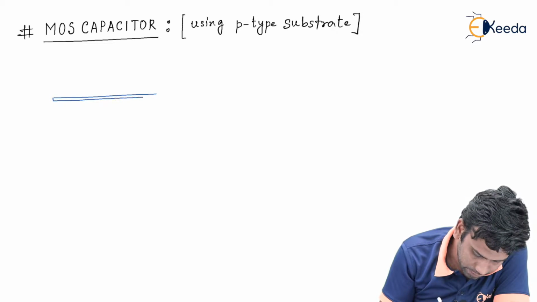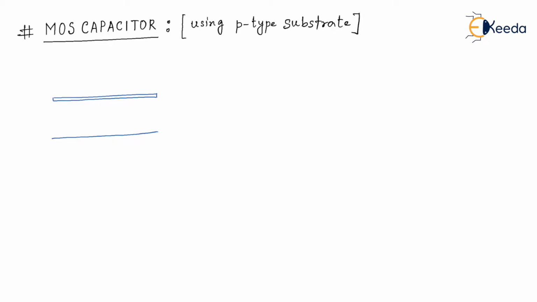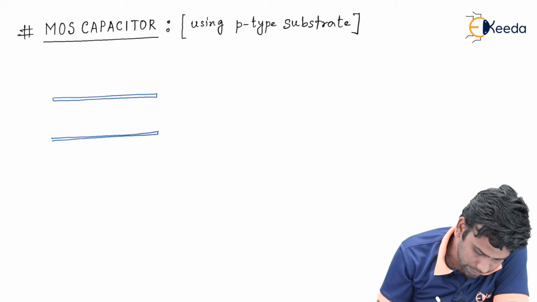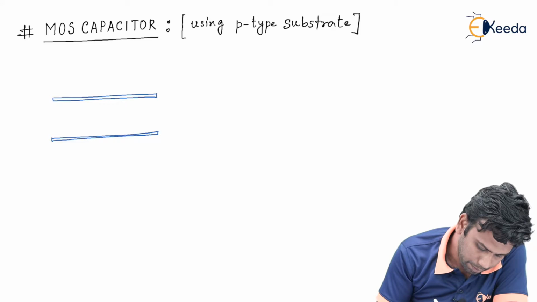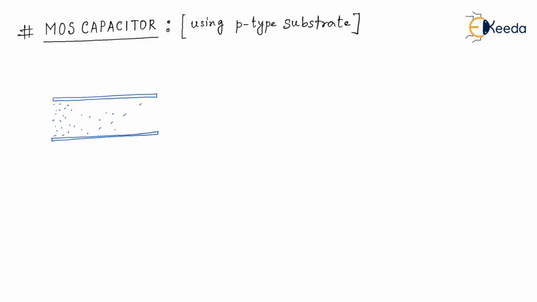It is one plate, another plate will be there. So this is another metal plate, and in between the metal plates a dielectric material is given, and this is the dielectric material.